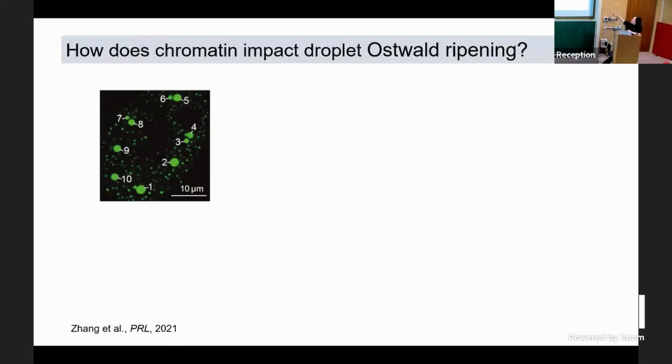You can see there are 10 big droplets created in the system. Then he turned on the light globally, but with a weaker amount, illuminating the entire cell to generate smaller droplets.